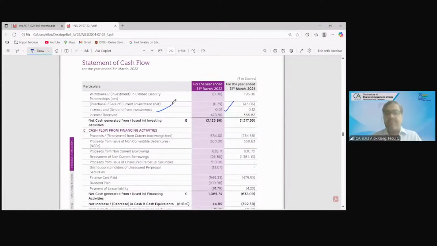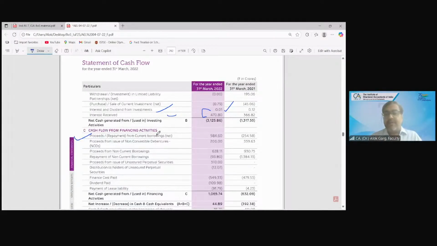Interest and dividend received. You remember these two items were there in the operating activity as a negative. Why? Because they had increased the profit. So we reduced the profit for operating activity. But now we have shown this as positive in the cash flow from investing activity, because this cash is of an investing activity item.